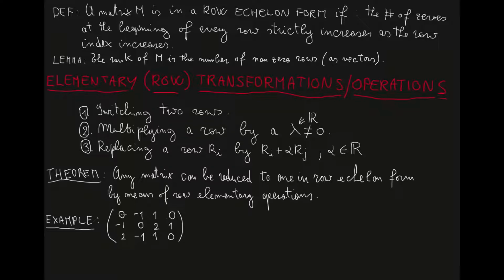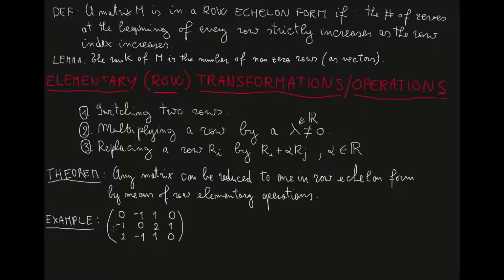So already looking at the first and the second row, we can clearly say that this matrix is not in a row echelon form. Now, how do we proceed in order to find a path that eventually will lead us to a matrix in a row echelon form?